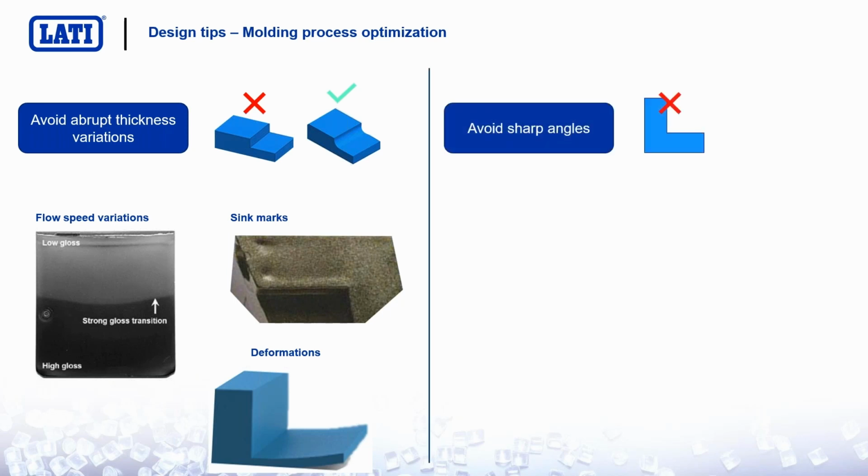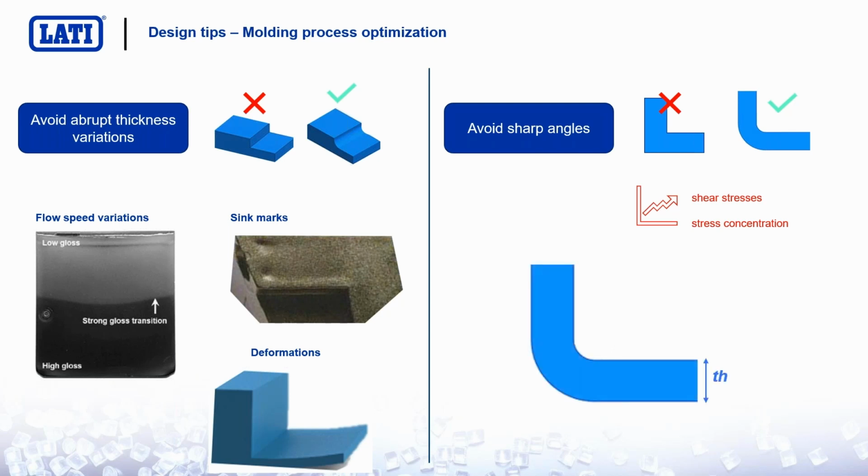Another one is to avoid sharp angles. When we have sharp angles, it leads to shear stress in the material during molding and to stress concentration in the molded parts. So it's better to implement a proper fillet radius.